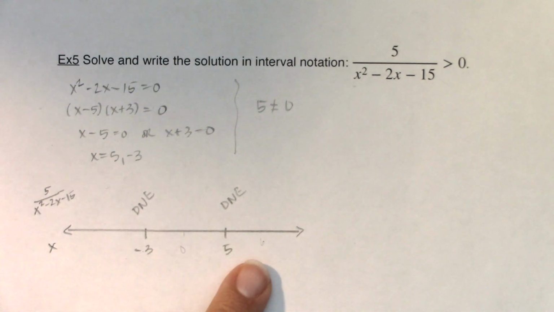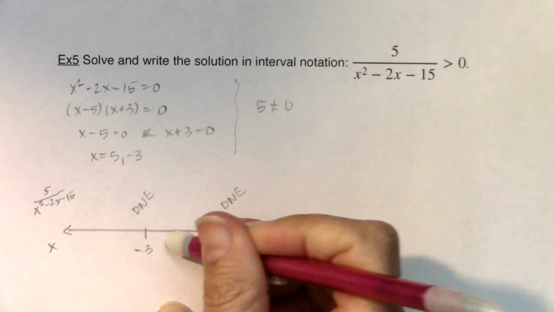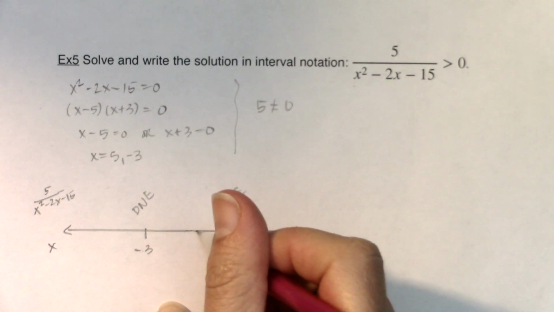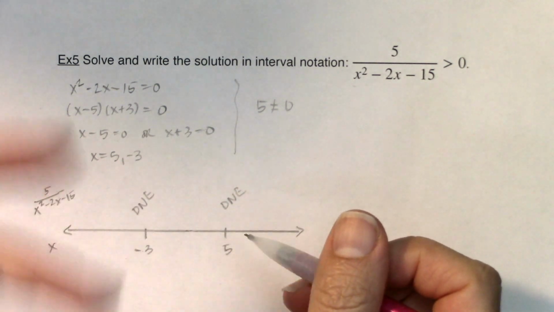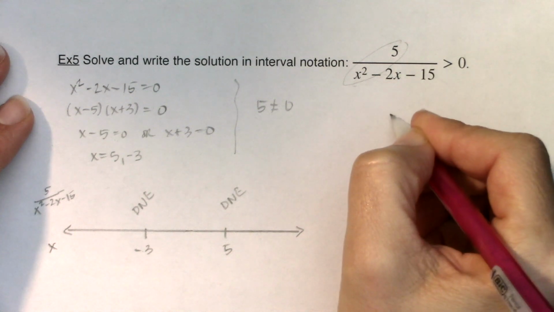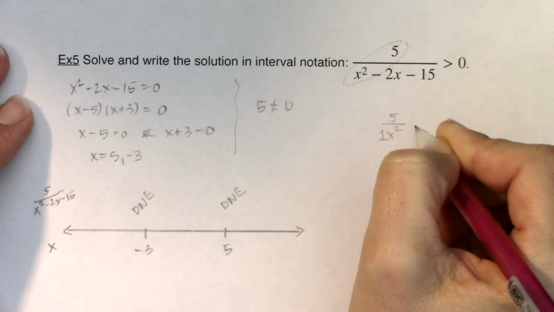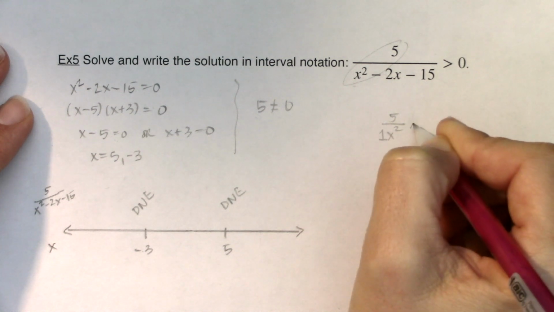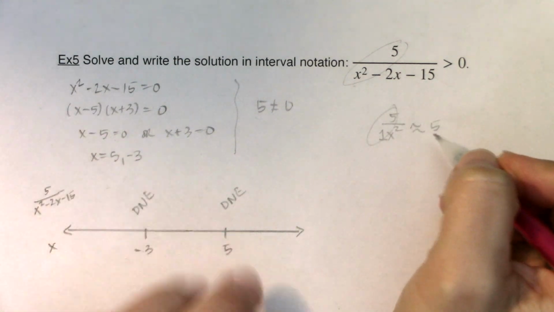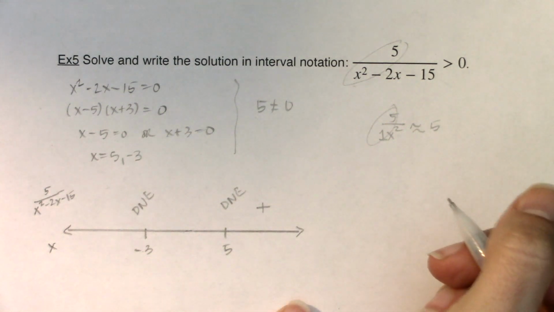And the same thing on this last interval, the leftmost interval. But for me personally, like I've been mentioning the past few examples, I'm going to use a shortcut. Once you do enough of these, you start to see a pattern in your sign patterns. If I look at the lead coefficients here, I'm basically looking at 5 over x squared, and this is secretly 1, because I have an unsaid 1 out here. So the coefficients of the lead terms give a positive number, so I'm going to have a lead positive.